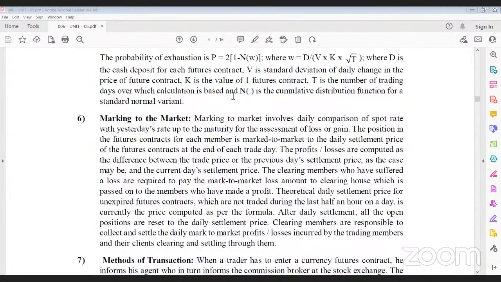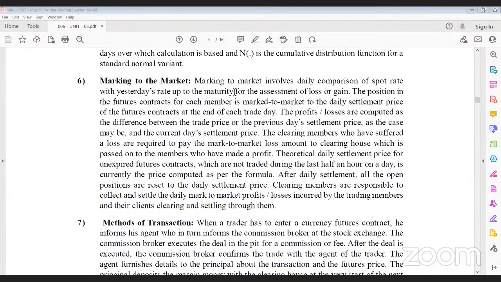Then we have marking to market. Marking to market involves comparison of the spot market, yesterday's rate, and the rate up to maturity, and based on these you calculate whether you have incurred a gain or loss. The position of each participant's contracts is marked to market on a daily basis, and settlement is done at the end of each trading day.